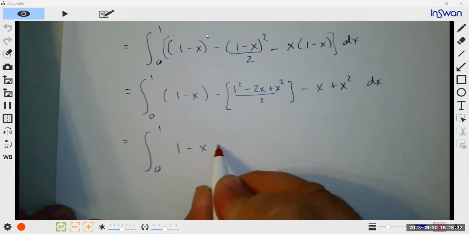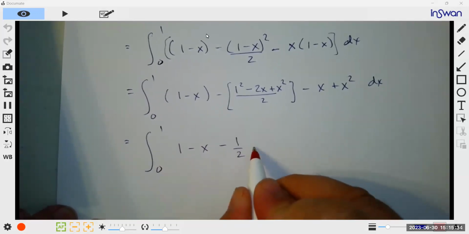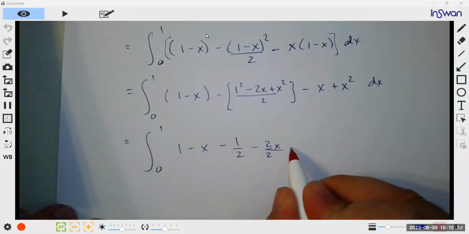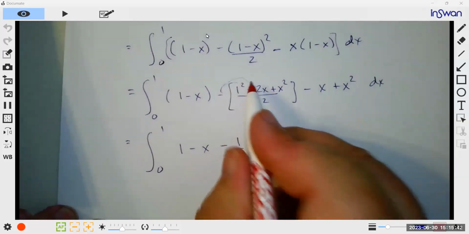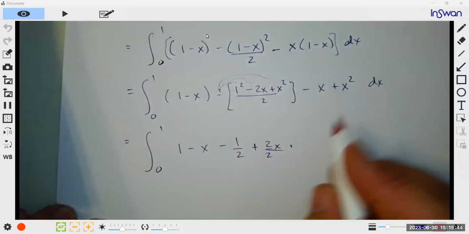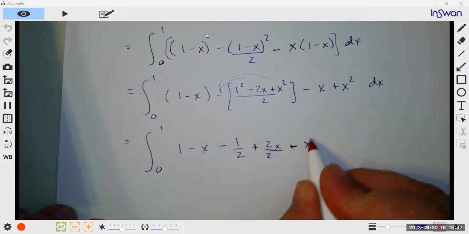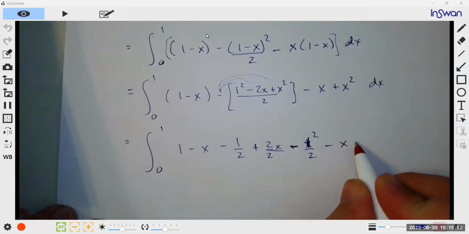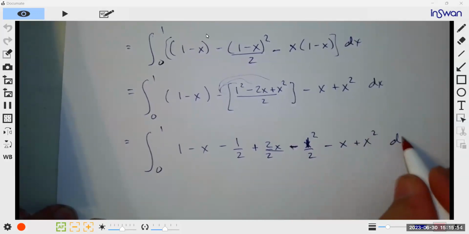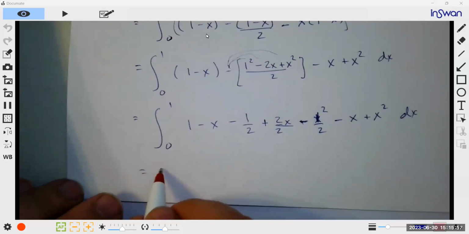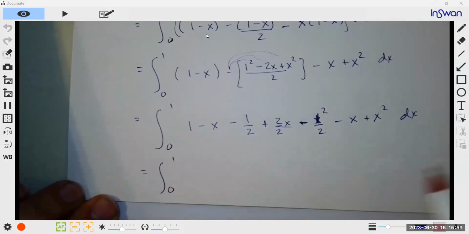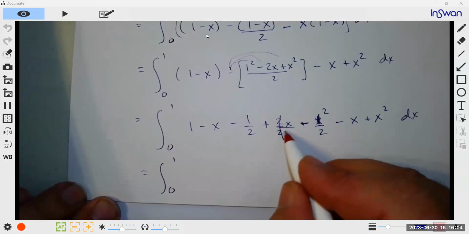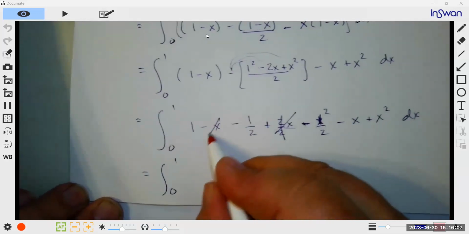So we have 1 minus x, minus 1 over 2, plus 2x over 2, minus x squared over 2, minus x plus x squared. Positive x and negative x cancel.